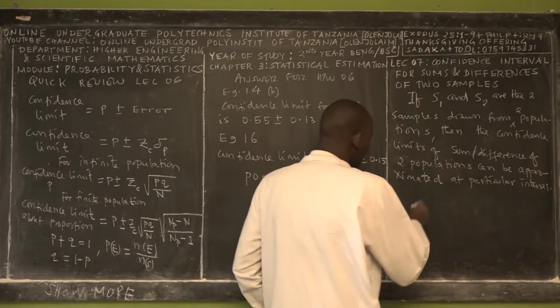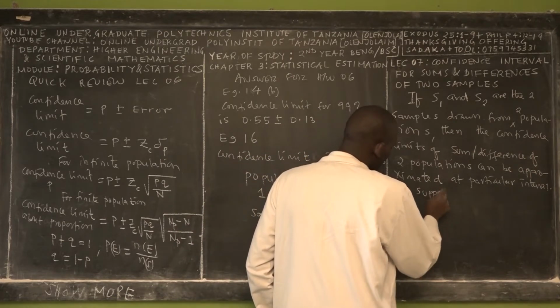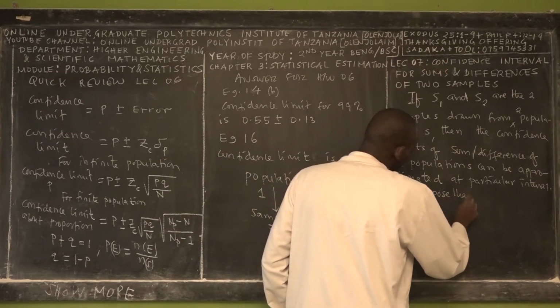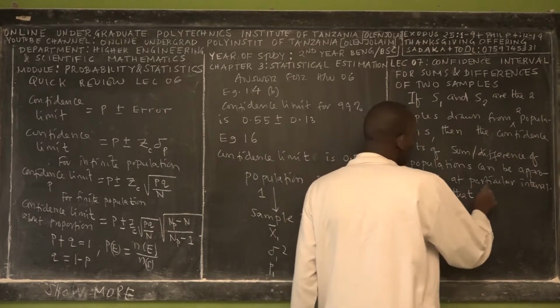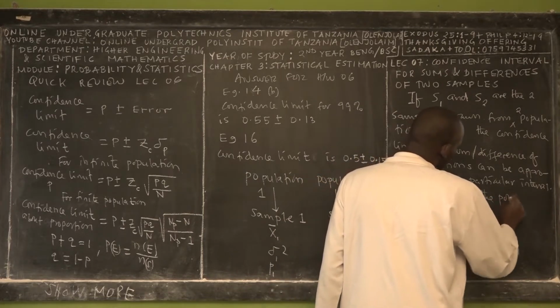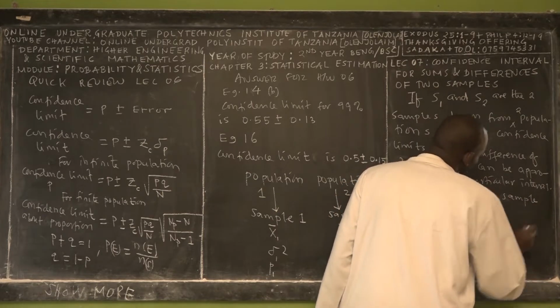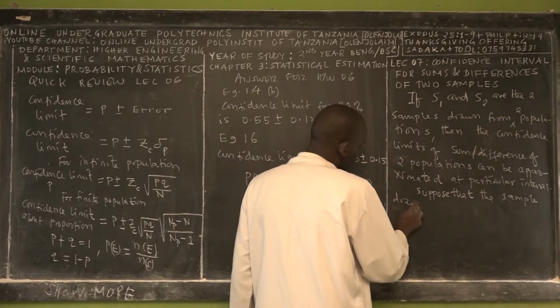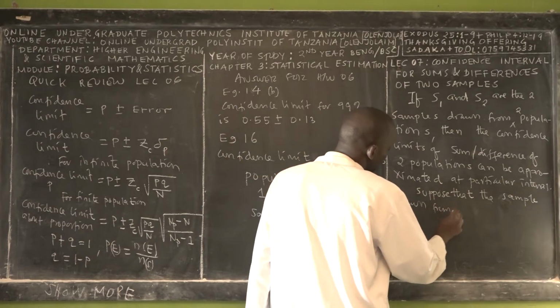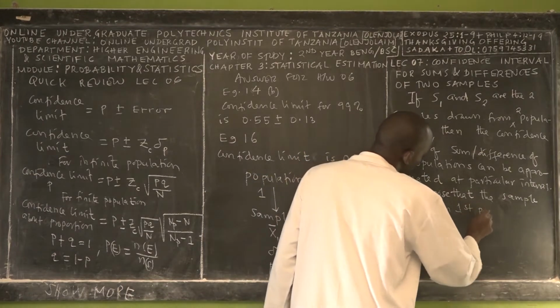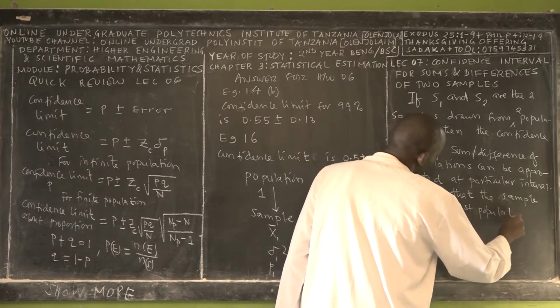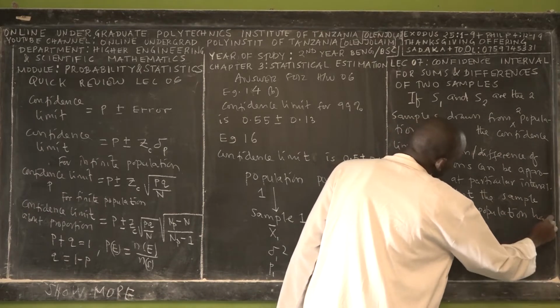Okay? Suppose that the sample drawn from the first population has what?